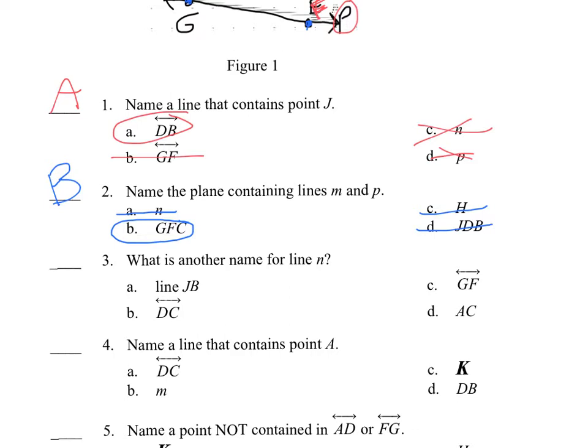So not JB. DC, we said A, D, or C. This looks like it's correct. Let's keep looking. GF, no, those points are not on that line. AC, but we just have AC. We don't know if that's a segment or a ray or what it is, so we're not including that. B is correct because it has the correct symbol above it.